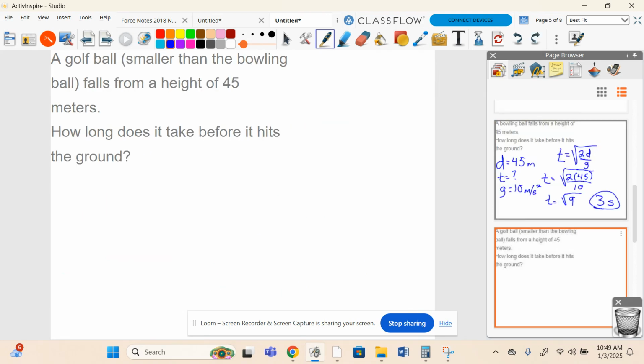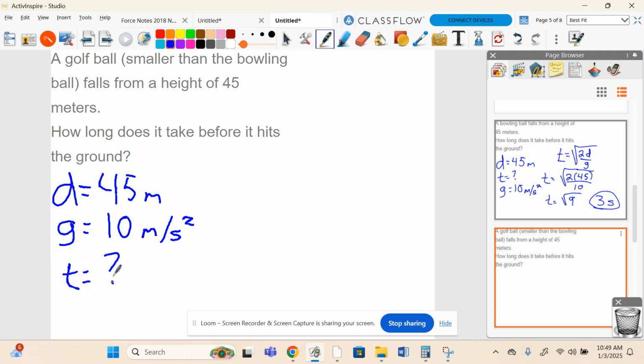Example number 2: a golf ball, which is smaller than a bowling ball, falls from a height of 45 meters. d equals 45 m. g, always 10 meters per second squared. Again, that's acceleration. How long does it take? Solving for t. t equals the square root of 2d divided by g.